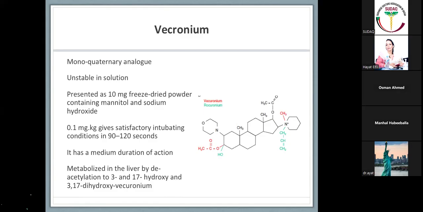This might be due to the budget in the hospital or whatever, but during my work, either in Ireland or somewhere else, you will usually find them using one specific muscle relaxant, most of the people, if not all. But vecuronium is famous as a clean drug because of the very small cardiovascular effect, and it is in powder form because it's unstable in solution.